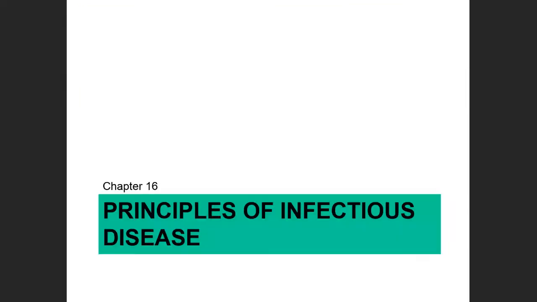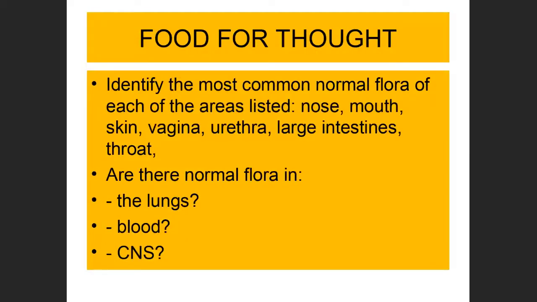Okay, a few things. Know the places in the body that have normal flora. We've mentioned those. Know the most abundant normal flora in these places. Know how normal flora protect us. Also, be aware of the places in the body that do not have normal flora, which will be the ones we did not mention.